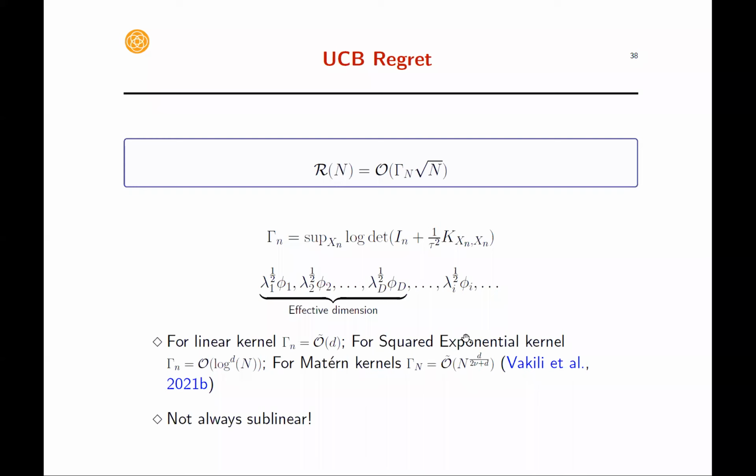The reason I'm mentioning this is that the regret bound shown for classic algorithms such as UCB and Thompson sampling is not always sublinear, because gamma n can grow faster than square root n. Gamma n can take any value between a constant for finite dimensional domains and n.